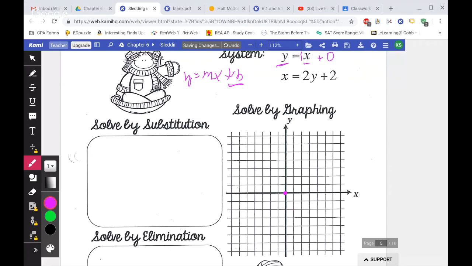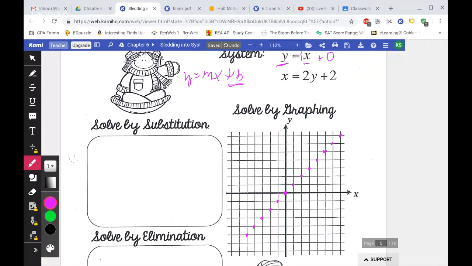So I would go up 1, right 1, up 1, right 1, because we're traveling in two positive directions by going up and right. Both of those directions are positive. And if we go down and left, both of those are negative, and it takes two negatives to make a positive.